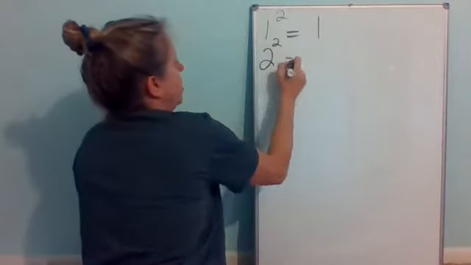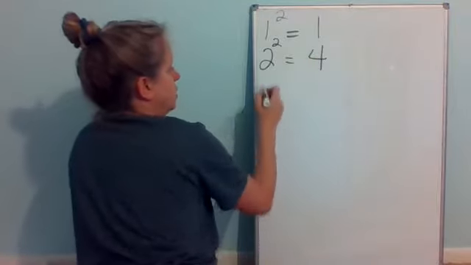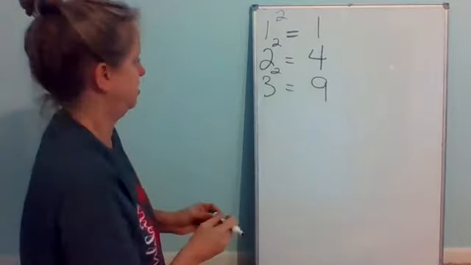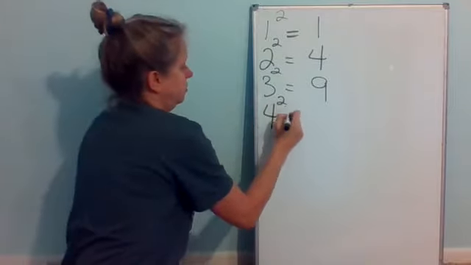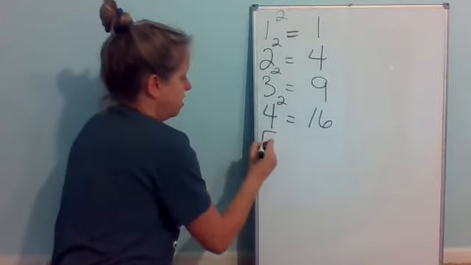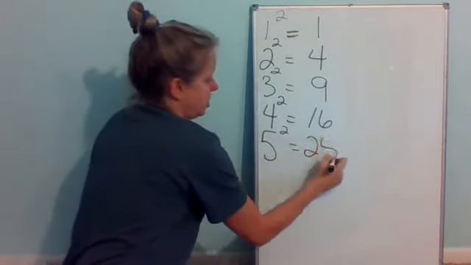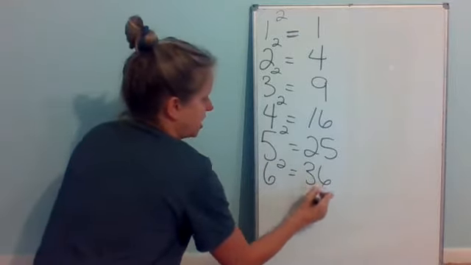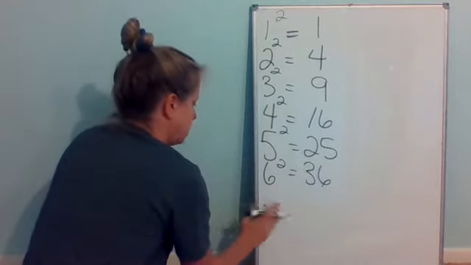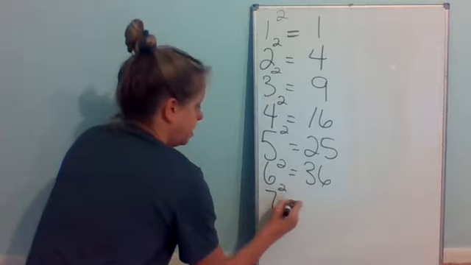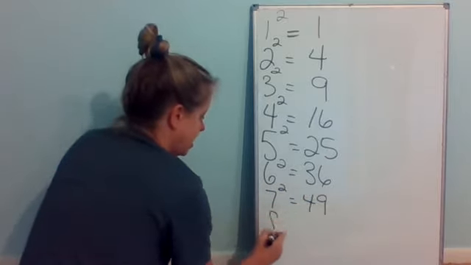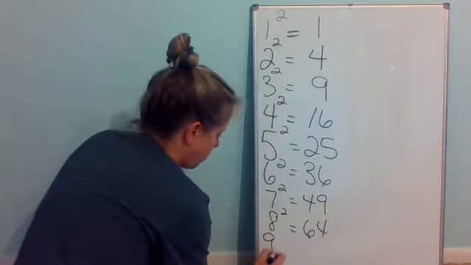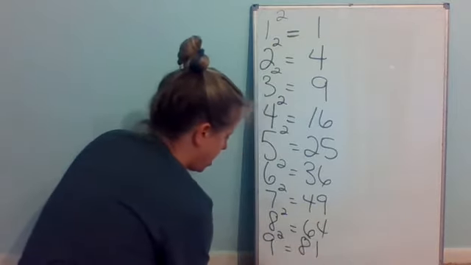What is 2 squared? 4. 3 squared is 9. 4 squared, 16. 5 squared, 25. I'm going to go to 10. 6 squared is 36. 7 squared is 49. 8 squared is 64. 9 squared is 81.